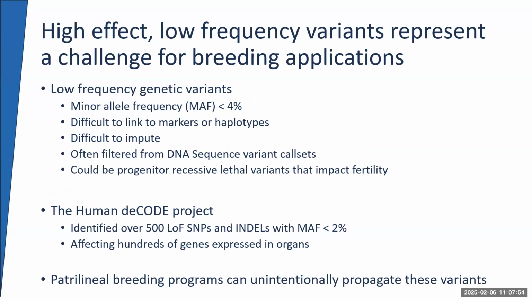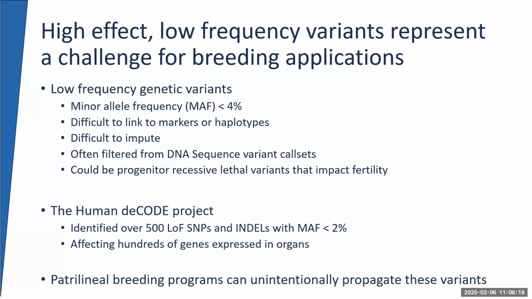These are often easy to miss given our reliance on SNP genotypes that often do not track low frequency variants in populations. And also because of their low frequency, they tend to be more difficult to impute using selected reference panels of individuals. They're often left on the side, but could have deleterious effects on our populations.